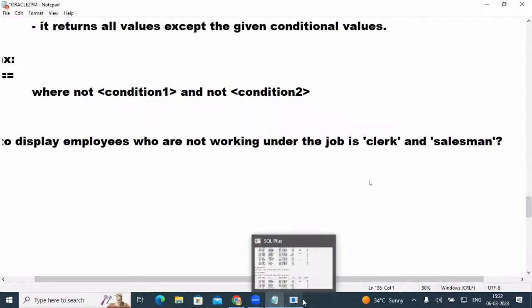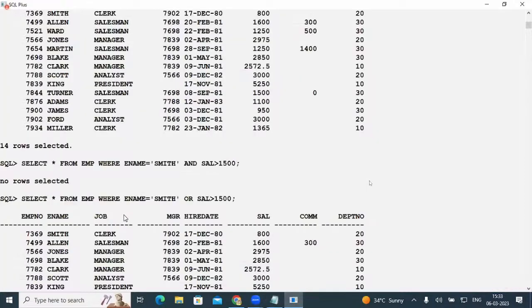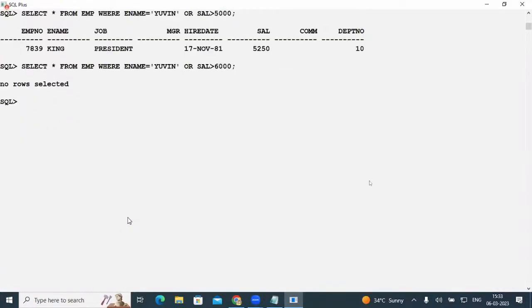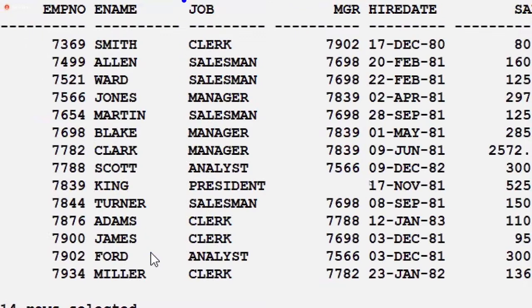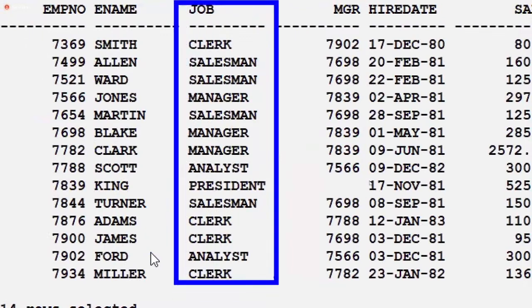Okay. First come to your database table. How many number of jobs are there? First check it out. So the jobs, whatever they are here, observe. Total 14 employees. Out of 14 employees in the job column, check it out. How many different jobs? Clerk, salesman, manager, analyst, president.